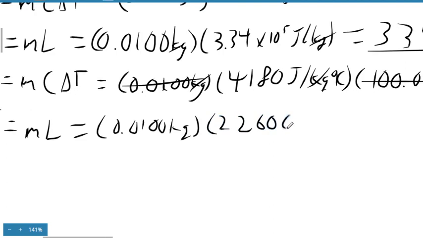And the unit is joules per kilogram. And then the kilograms cancel out. So we multiply this by 0.01. We get 22,600. And with 3 sig figs again, joules.